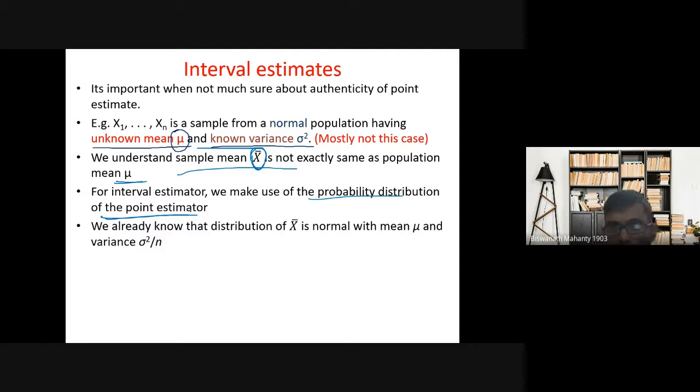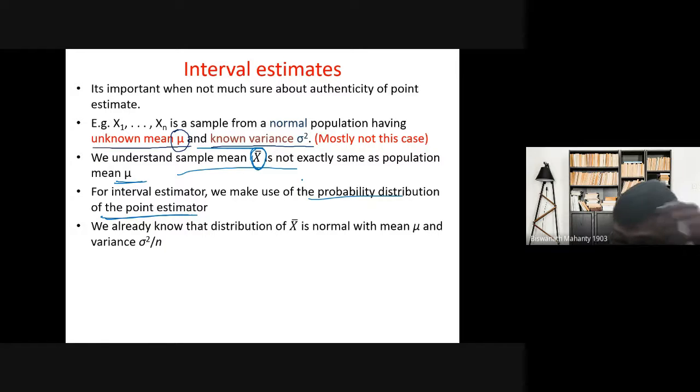We already know the distribution. I already told you that if the samples all come from a normal distribution, the sum of the elements will also be normal. You remember? I also told you the variance will be sigma square by n if it is an average.